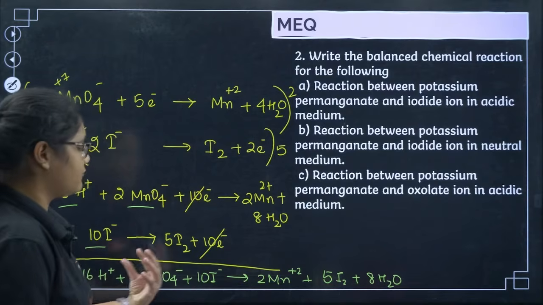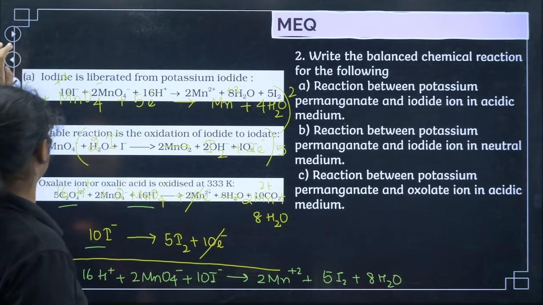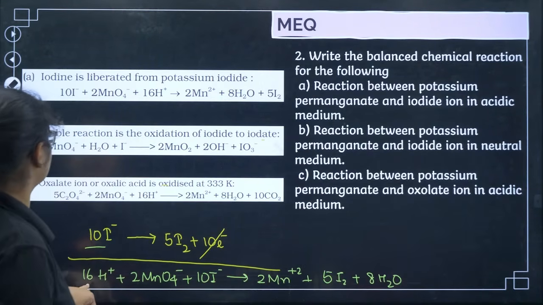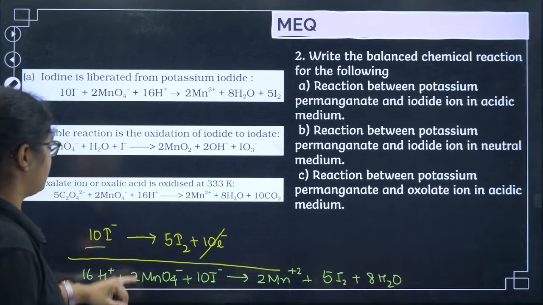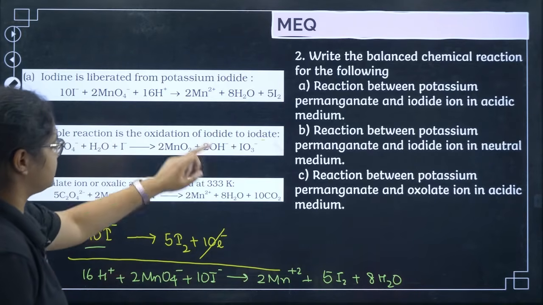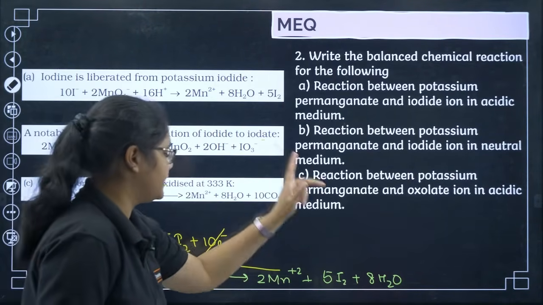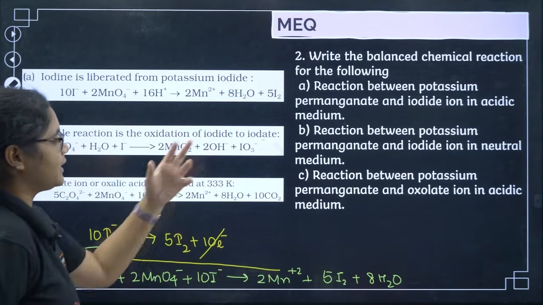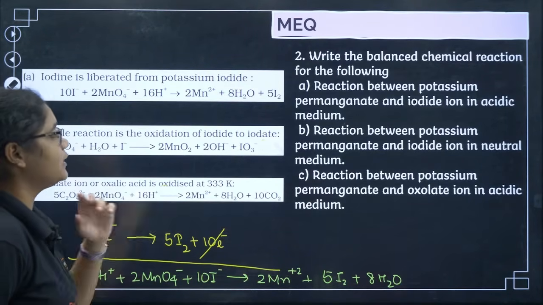Here you have the final equation: 16H plus, 2 MnO4 minus, plus 10 I minus gives 2 Mn2 plus, 8 water, plus 5 I2.